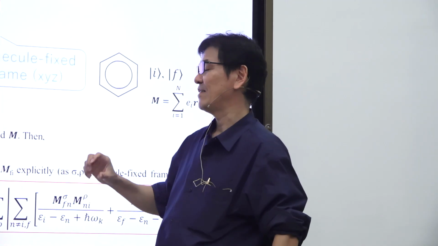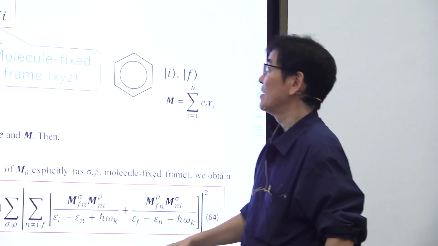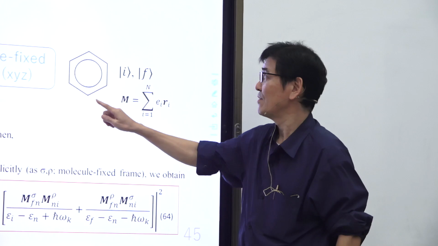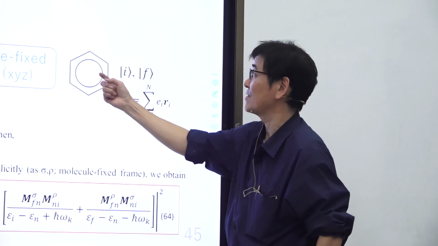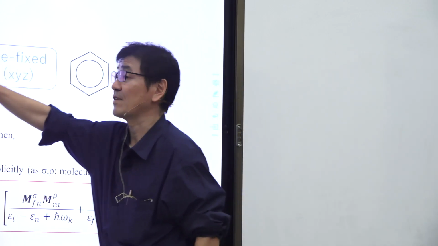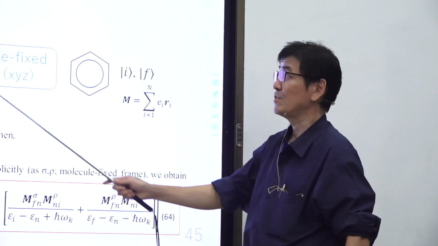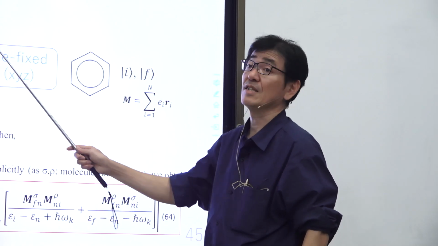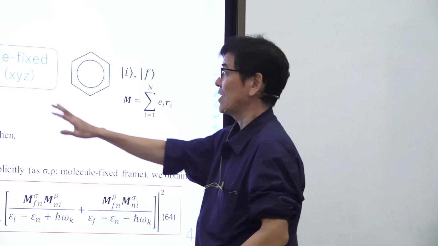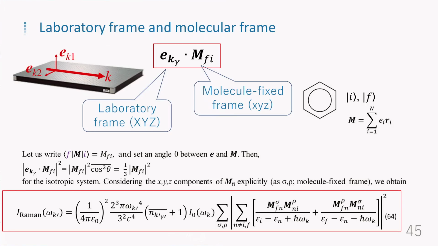We call these the x-axis, y-axis, z-axis. On the other hand, the molecule is defined in the molecular frame. We define this is the xy plane and the normal is z. There is no relationship between small xyz and large XYZ. But somehow we need to obtain the inner product. Then let's consider how to describe the direction of the small xyz in this frame.